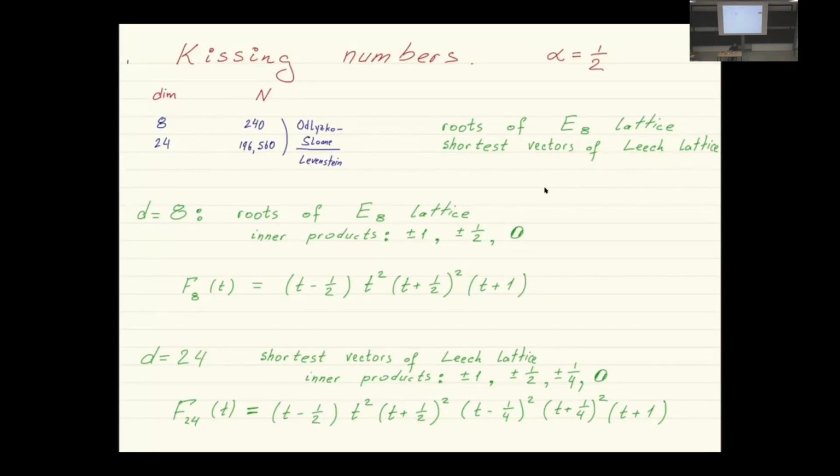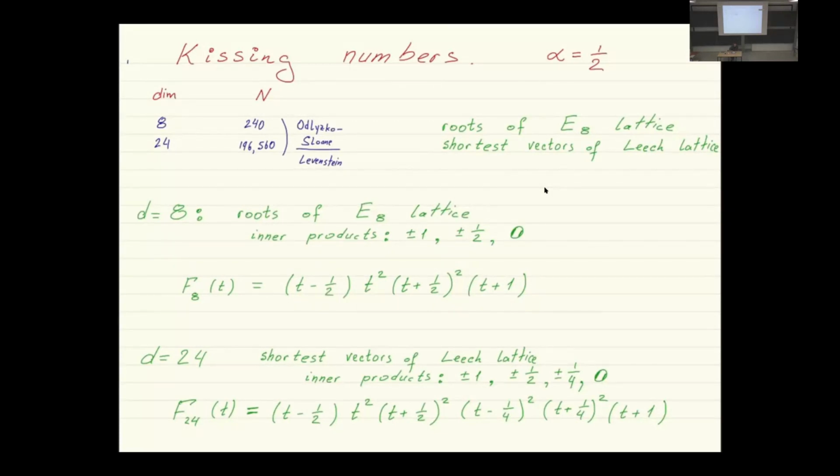This can be done directly using the inequality that was described a couple of slides ago, the linear programming bound. You just need to find the right function, and it's quite easy to find that function knowing the properties of these sets. Basically in the E8 lattice, all the inner products will take these values. So you construct this polynomial.